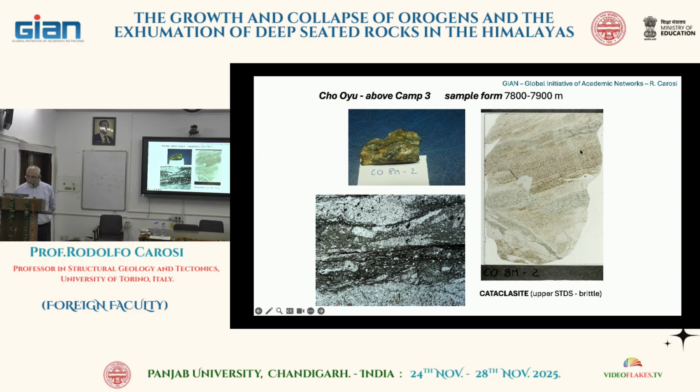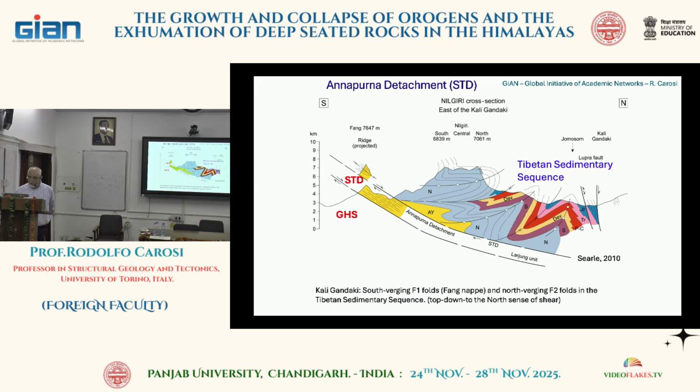This is a thin section, and in the thin section you can see levels of cataclasite with grain size reduction by fracturing, characterizing the upper part of the South Tibetan detachment. There is also some small normal fault cross-cutting these cataclasite-rich levels. So, very nice exposure.